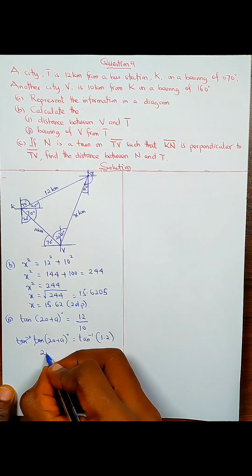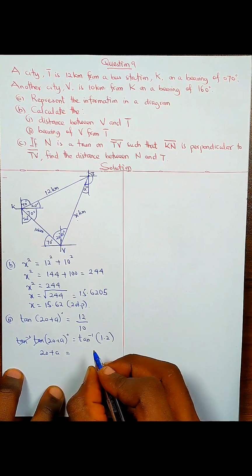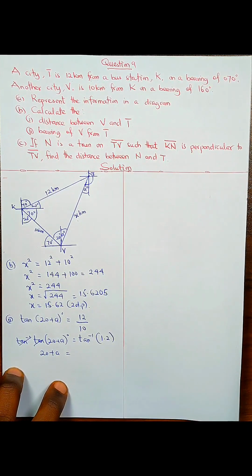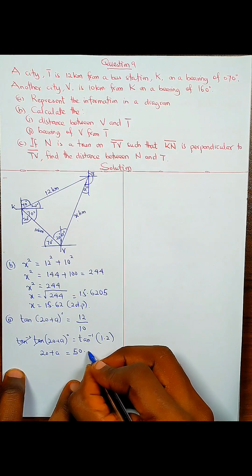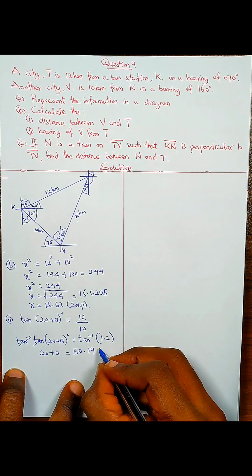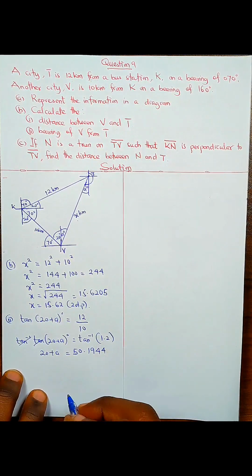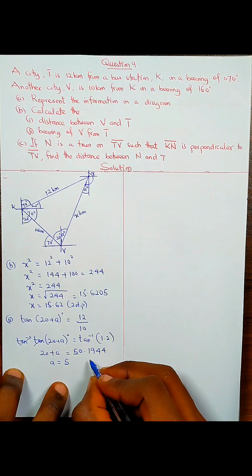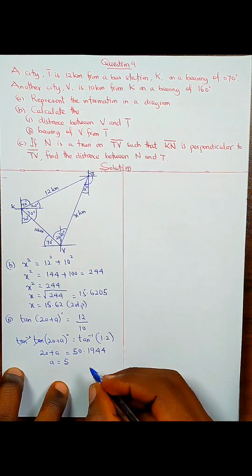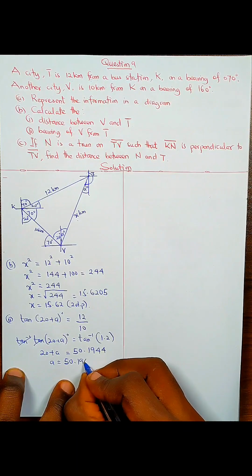So we are having 20 plus A is equal to tan inverse of 1.2. That is giving us 50.1944. I like taking my values to 4 decimal places. But you see, in angles, you don't usually have more decimal places. So I will have to approximate after I'm done.